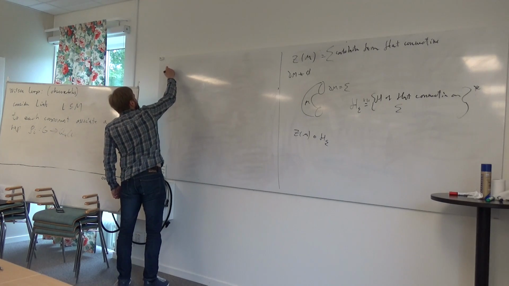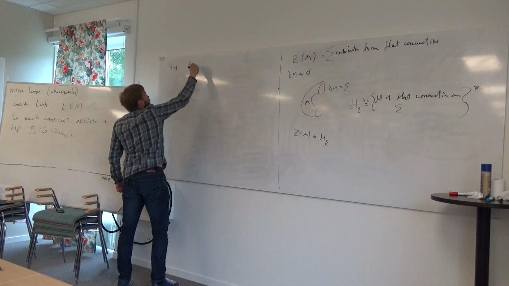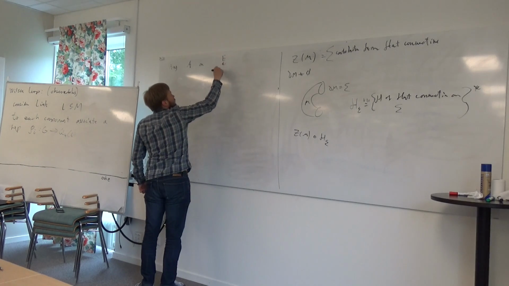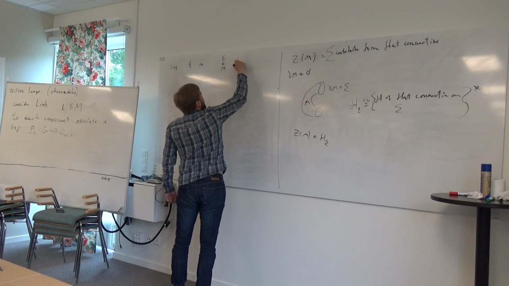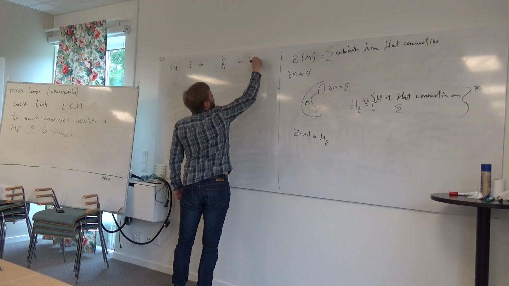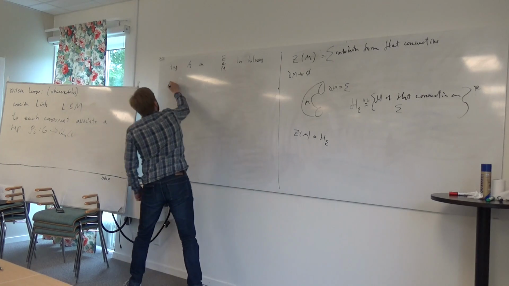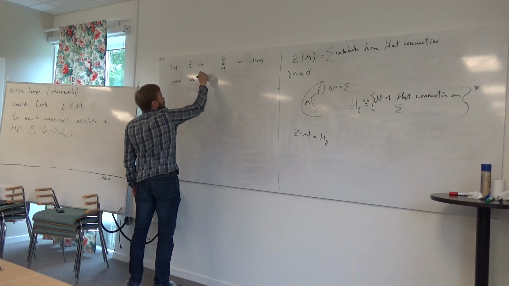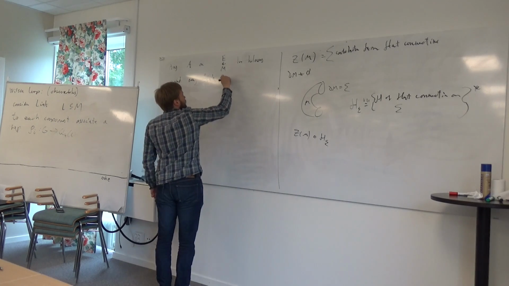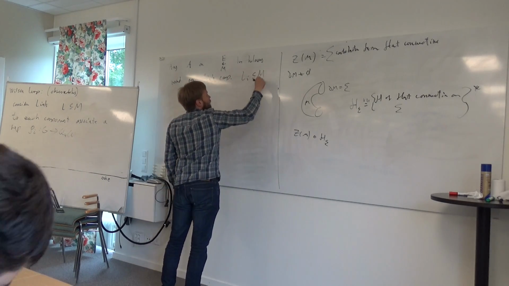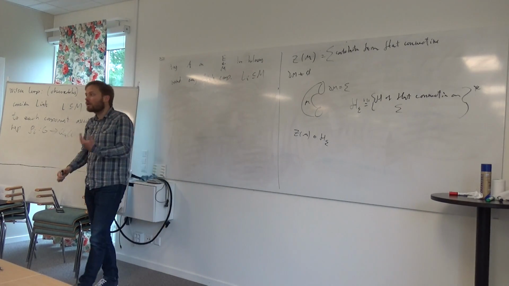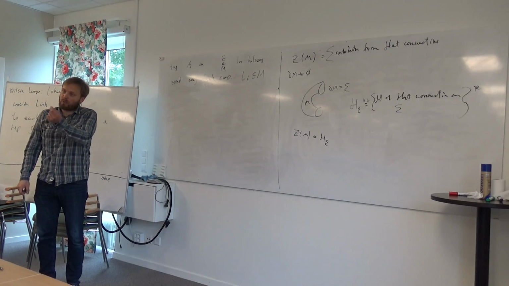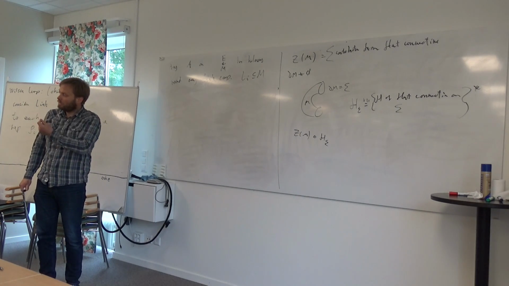So any connection, any A on this bundle E over M, has holonomy around any link component. Now, this holonomy depends on where you fix your base point on this link.